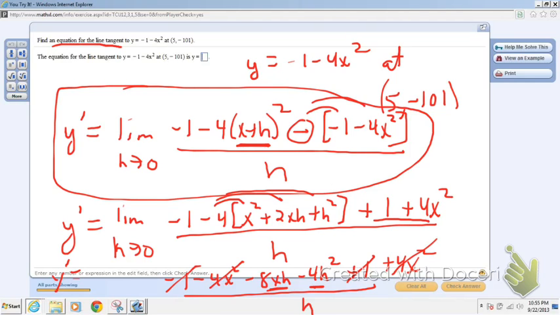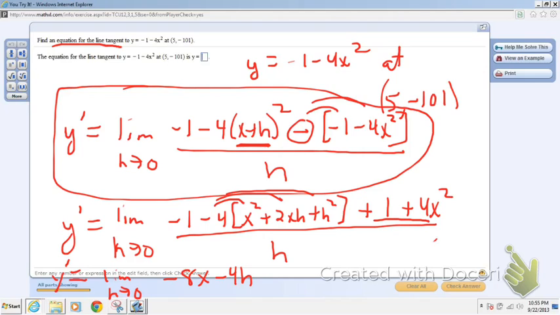I'll hit pause. But if you take the limit as h approaches 0 of -8x minus 4h, that term there is going to go to 0. You're going to be left with just -8x. So after all that sweat equity, your derivative, which is the slope of the tangent line, is -8x.